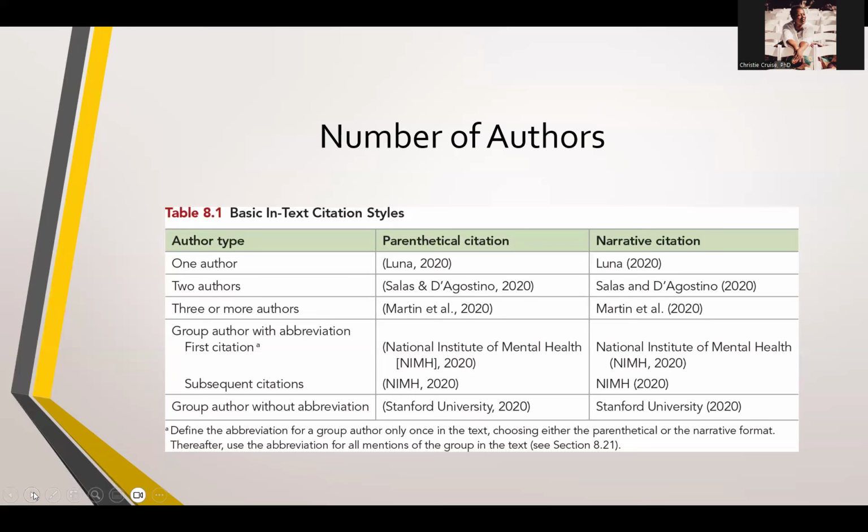If you have a group author with an abbreviation, the first citation has to spell out the name of the abbreviation so that your readers know what organization, what group you are referring to. In this case, with a parenthetical citation, you want to do National Institute for Mental Health, brackets with the abbreviation, comma, and then the year.